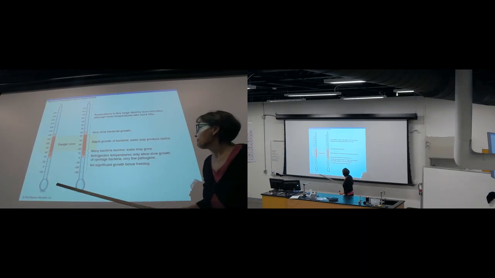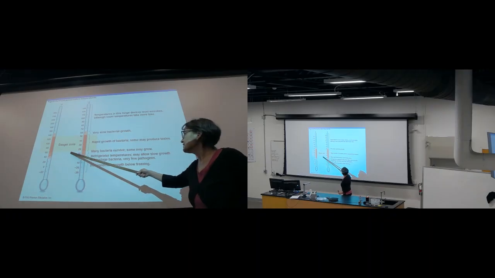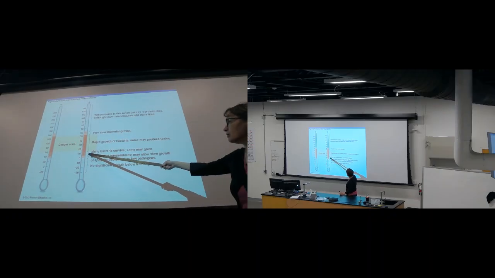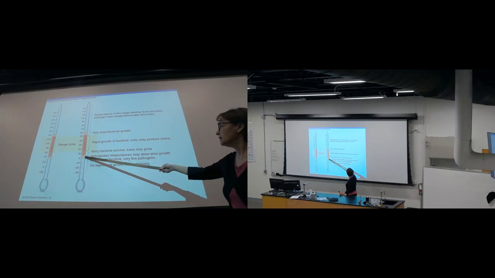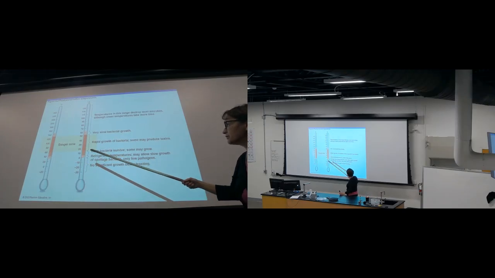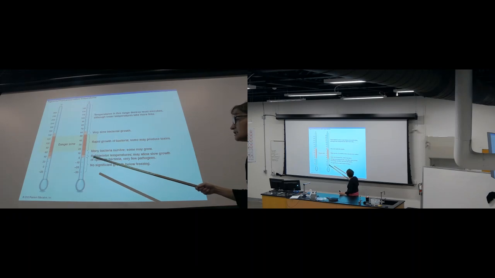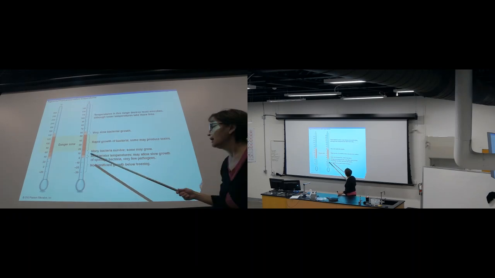So that's a problem. Now, at this temperature, some bacteria, like the psychrophiles, can survive. We have bacteria that can survive refrigerator temperatures, and this is what we call spoilage bacteria.